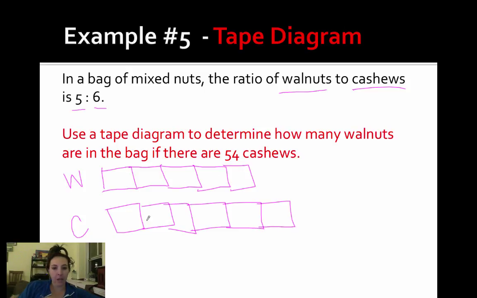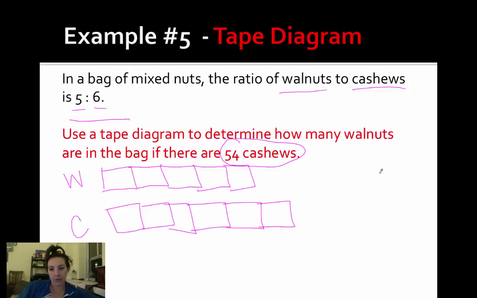All right, so we know that there are 54 cashews in this bag of nuts. We'd figure out how many walnuts there are if this ratio stays as 5:6. So we have 6 blocks here and 54 cashews. We just need to split these 54 cashews up and figure out how many are represented by each box.